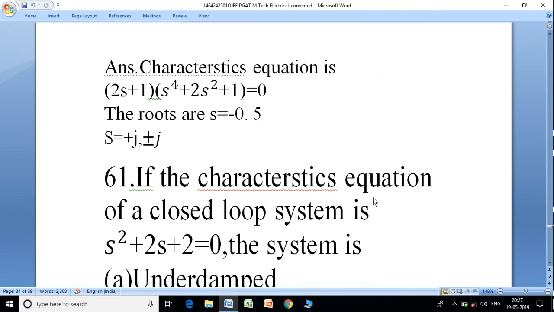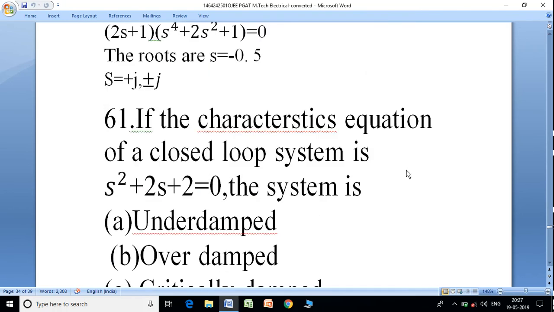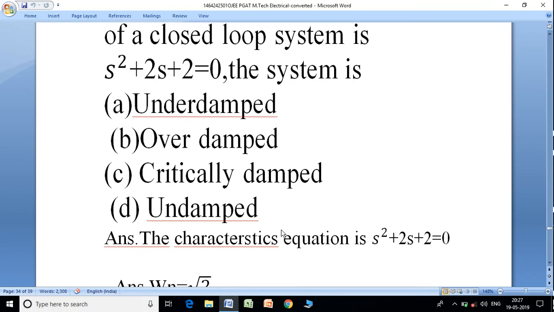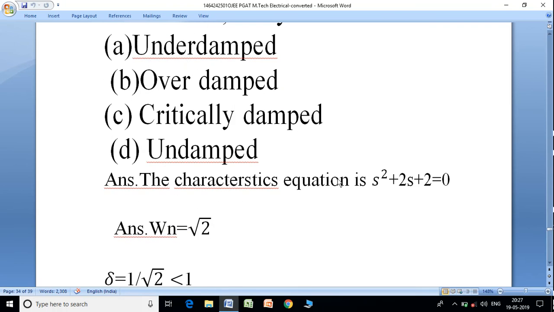If the characteristic equation of a closed loop system is this, the system is underdamped, overdamped, critically damped, or undamped? The characteristic equation is this much. Therefore, omega n, the natural frequency of oscillation, is root 2, comparing with the standard second order equation.